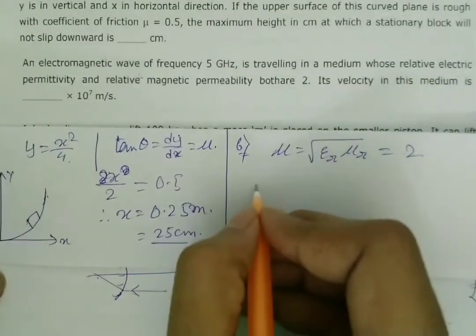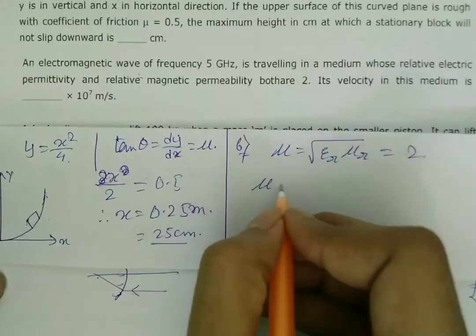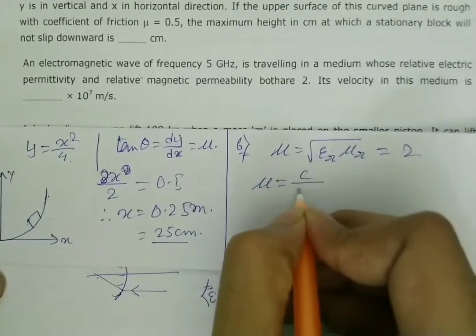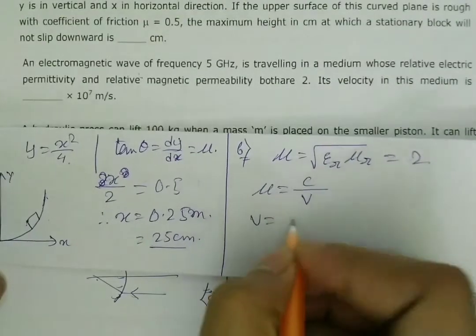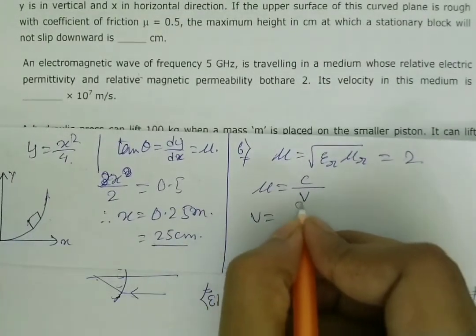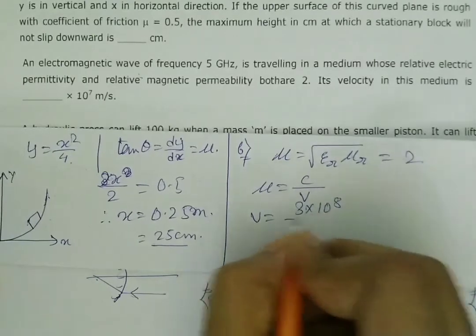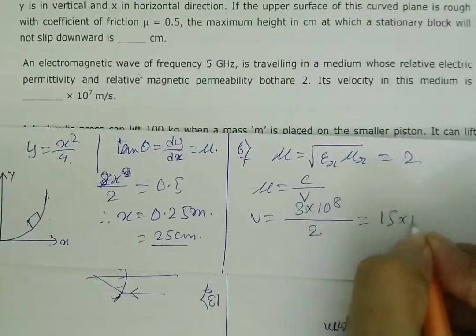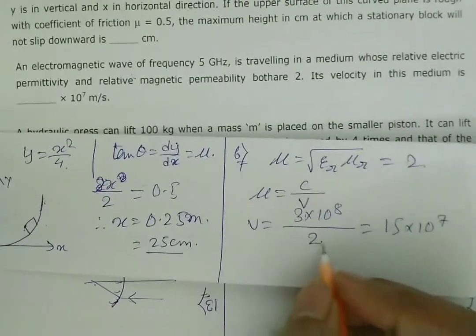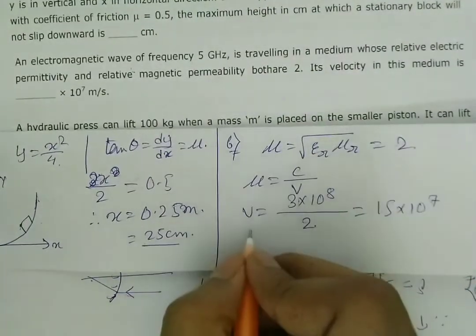And we know that the refractive index of a medium is equal to the speed of light divided by the velocity of light in that medium. So the velocity of light will be equal to 3 into 10 to the power 8 by 2, which will be equal to 15 into 10 to the power 7. So our correct answer will be 15.